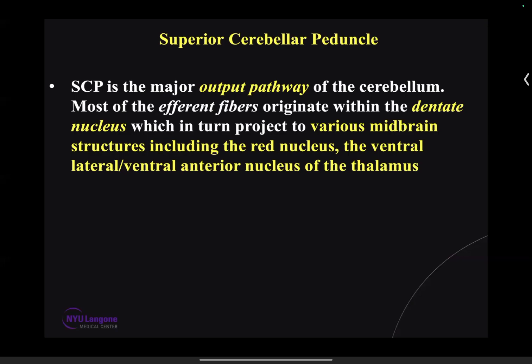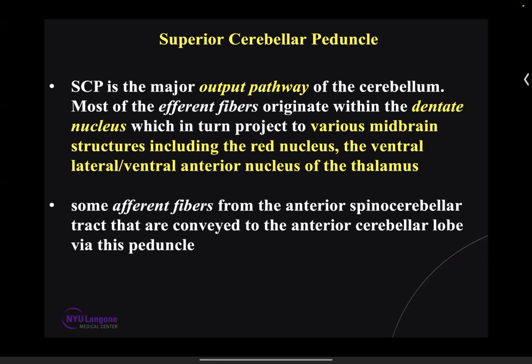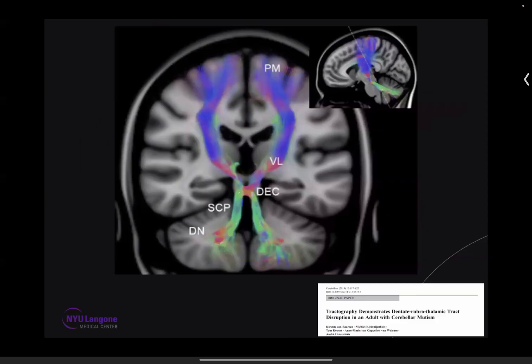It carries most of the efferent fibers, which originate from the dentate nucleus and project to midbrain structures, including the red nucleus, and to the ventrolateral and ventral anterior nuclei of the thalamus. So there are a lot of connections from the cerebellum through the dentate into the midbrain and the thalamus. It's predominantly efferent output, but there are some afferent fibers coming in from the anterior spinocerebellar tract that are conveyed to the anterior cerebellar lobe via this peduncle.